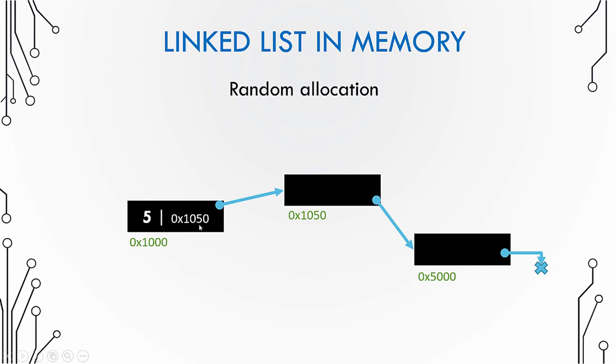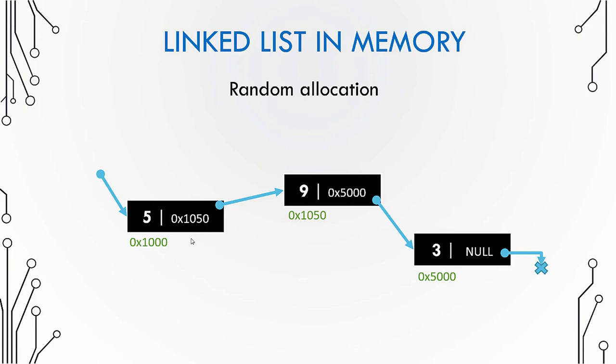The same is the case with the second node, where the data part contains 9 and the address part, or the link part, contains the address of the next node. And the last node stores the number 3, and since this is the last node, it wouldn't point to any other node. That is why it points to null.